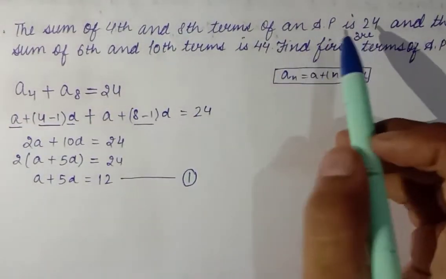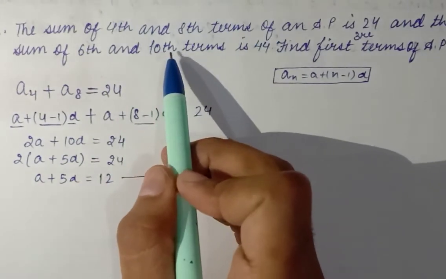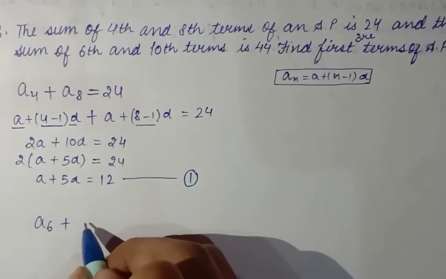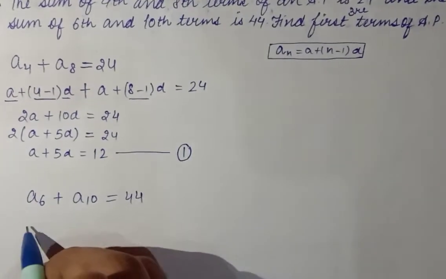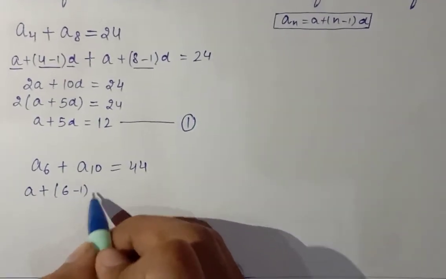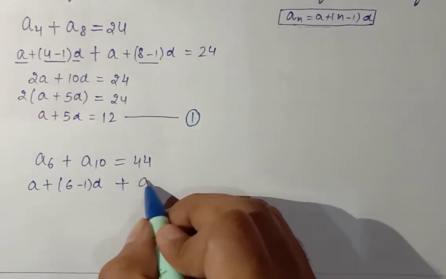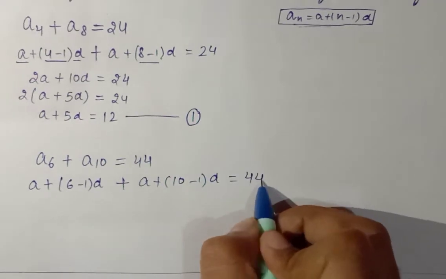Now we are also provided 6th term and 10th term sum. A6 plus A10 is equal to 44. So A6 is a plus (6 minus 1)d and A10 is a plus (10 minus 1)d, which is equal to 44.